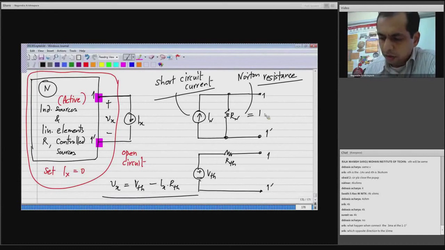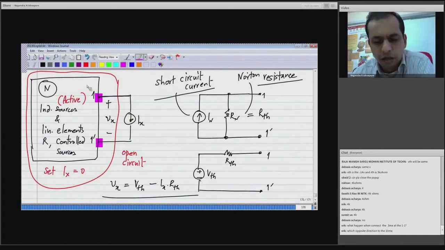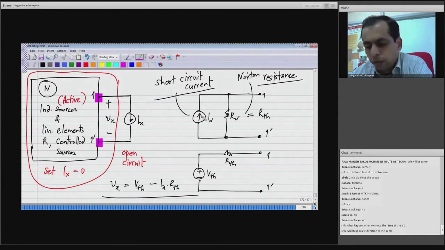And Rn is the same as the resistance looking into this circuit with all the independent sources nulled, which will be the same as RTH. So the resistance in the Norton equivalent circuit and the Thevenin equivalent circuit will be exactly the same, because they are nothing but the resistance looking into the circuit N with all the independent sources set to 0.